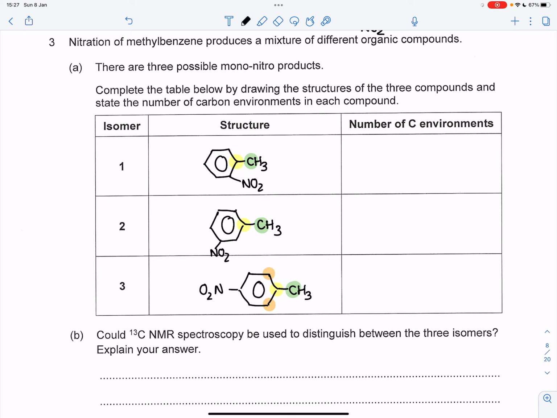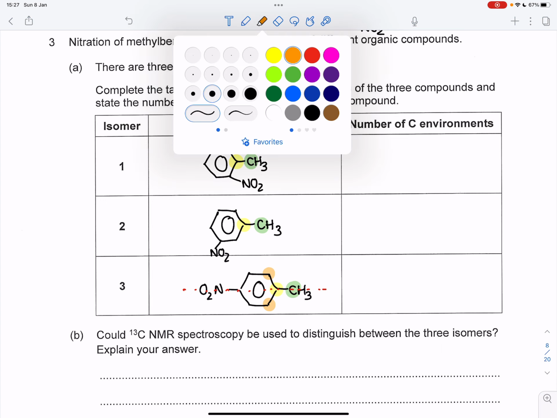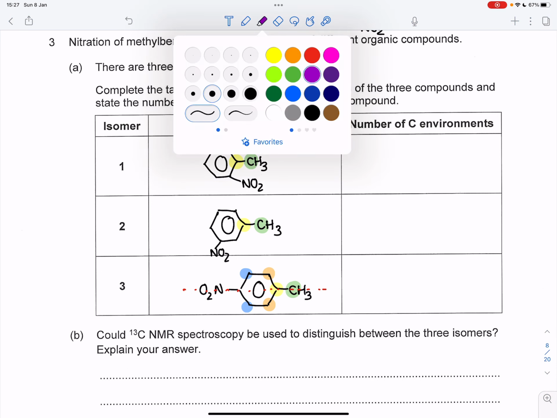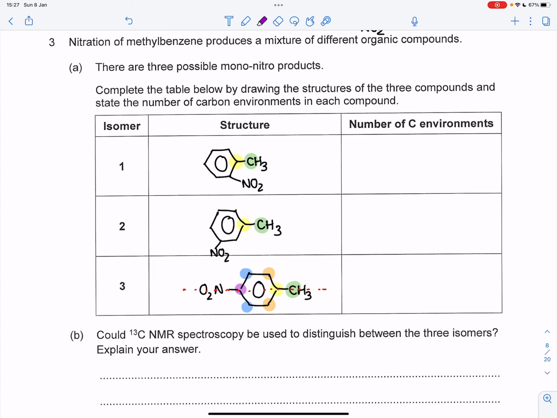If we imagine drawing a mirror line through the middle here, then the two orange ones would be identical, and then we might have two blue ones there, and then this purple one here. And so in total we've got 1, 2, 3, 4, 5 different colours, so 5 different peaks.